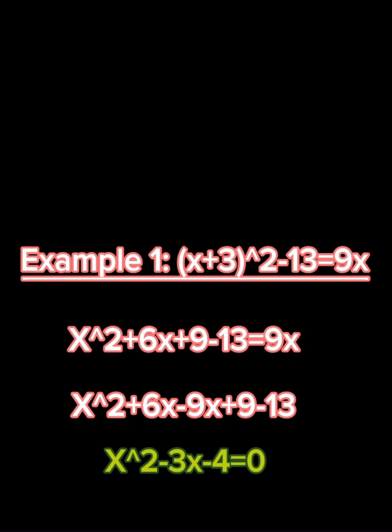That's the answer for this quadratic equation. We can name the coefficient of x squared as a, minus 3 as b, and minus 4 as c, just taking the whole quadratic form ax squared plus bx plus c equals 0.